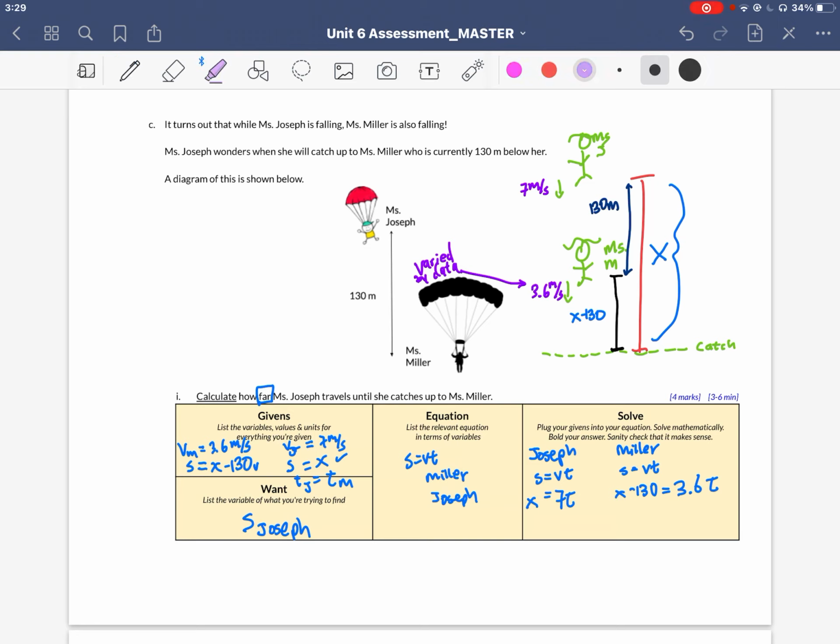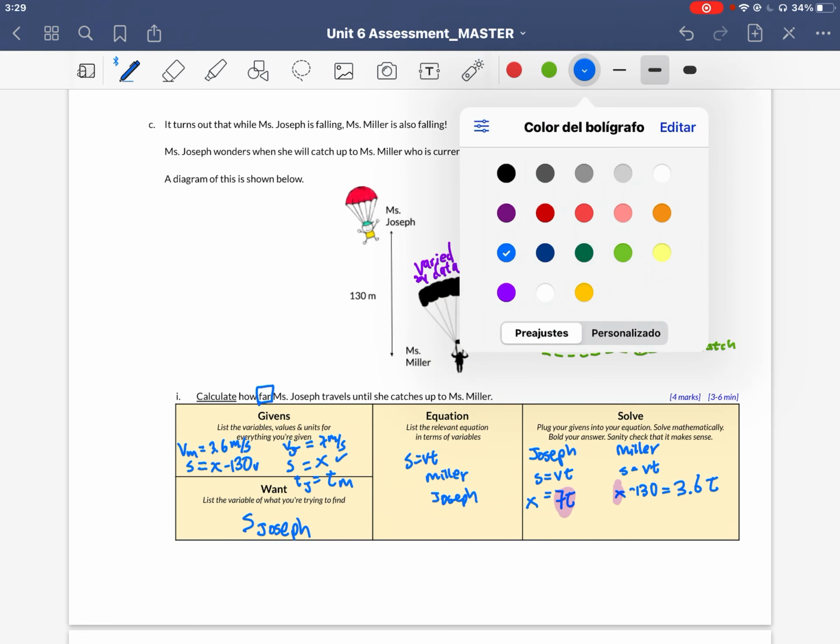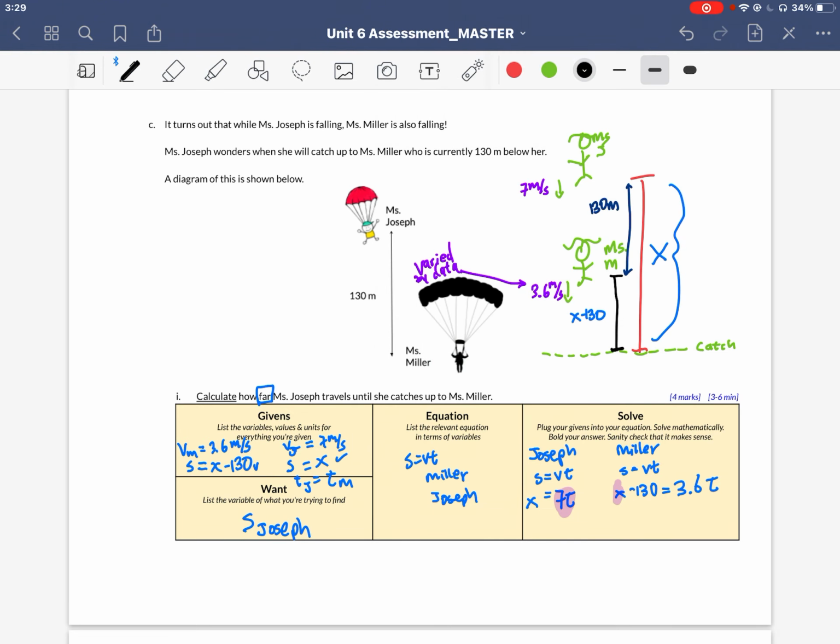All right, so notice I have 7t is equal to x, so I can actually just plug in. I know x is equal to 7t, so where I have an x in Miss Miller's equation, I can just plug in and do 7t minus 130 equals 3.6t. All right, and now at this point, I need to solve for t.